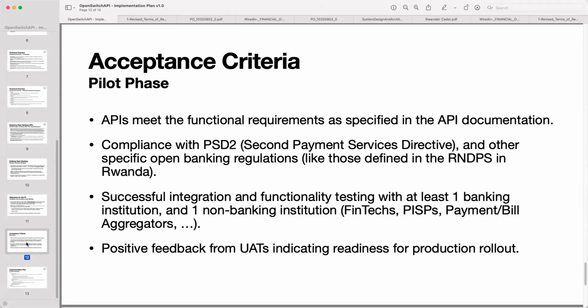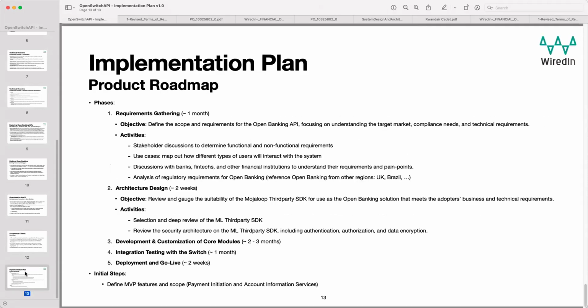All right. So the last slide really is just an implementation plan, but it's still a work in progress for us right now. It might change, so I'm not going to dwell too much on it. But right now, we can consider ourselves being in the requirements gathering phase and exploratory phase to see how we want to approach our implementation.